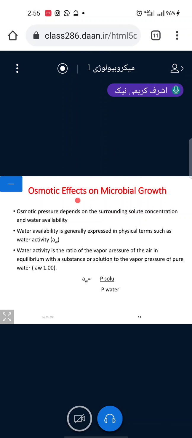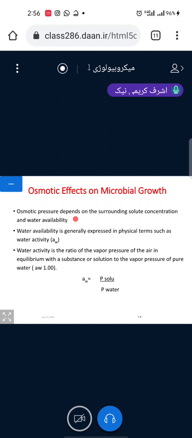Osmotic effects on microbial growth. I spoke about temperature and about pH. This is about osmotic effects. Osmotic pressure depends on the surrounding solute concentration and water availability.